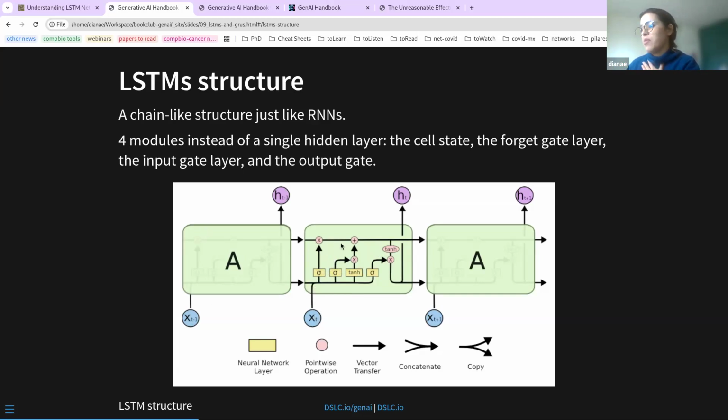We're going to review each of the modules, but we can see right here that it is also a chain-like structure, and the steps in our sequence are chained like in the recurrent neural networks.